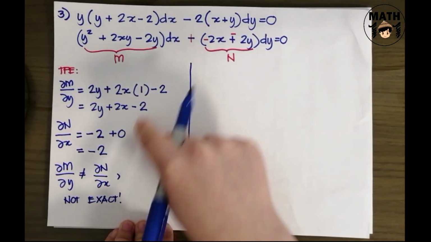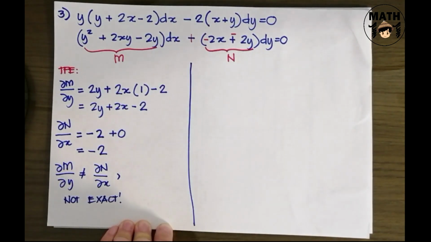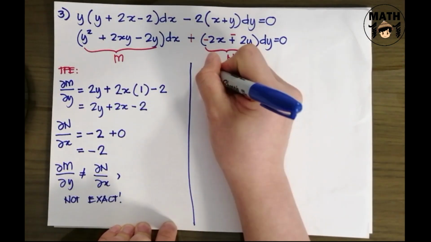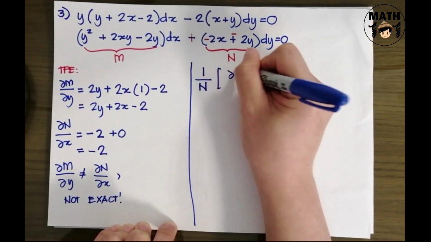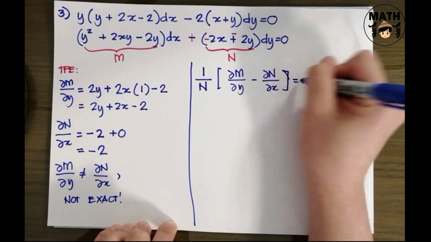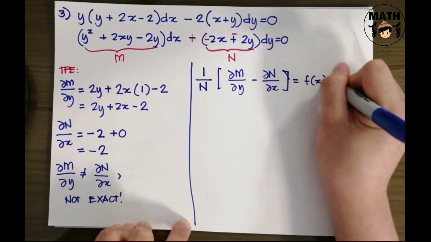Pero kapag sinubtract natin itong terms na to and divide natin by one of these terms, makikita ninyo na pwede natin siyang i-express as function of x or y lang. Try natin i-subtract itong dalawang to and divide natin by N. Dahil ang divisor ay N, ang ina-expect natin dito ay function ng x.